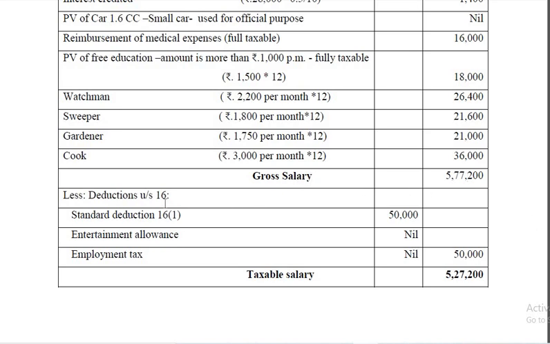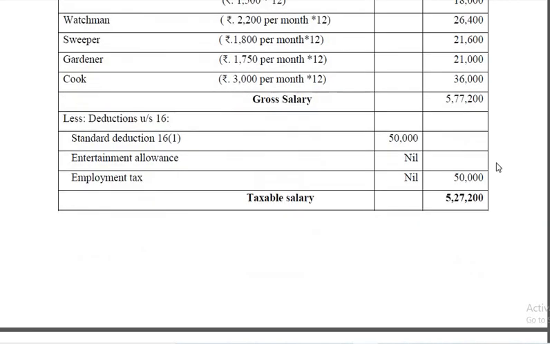Gross salary. Now you have to consider deduction under section 16. Earlier standard deduction was not there, then it was introduced. Of course, long back standard deduction was there, and then it was discontinued, and very recently standard deduction was introduced. At the beginning it was 40,000, but for this previous year it is 50,000 rupees. And entertainment allowance, this is under section 16(2).